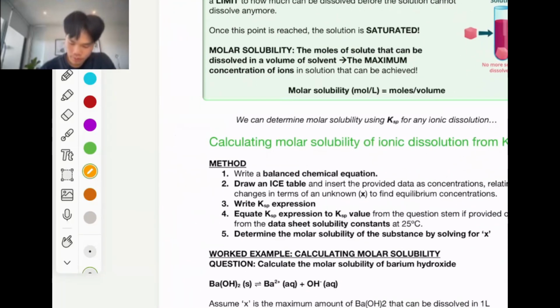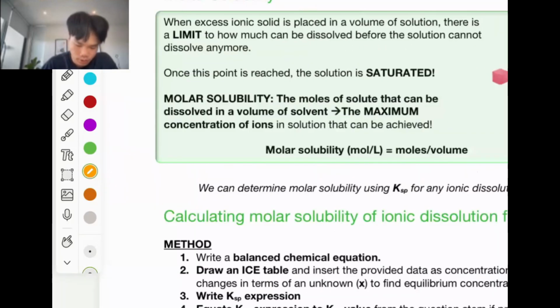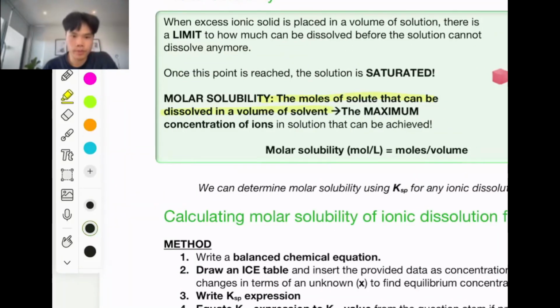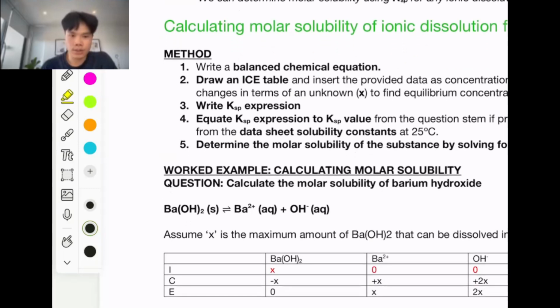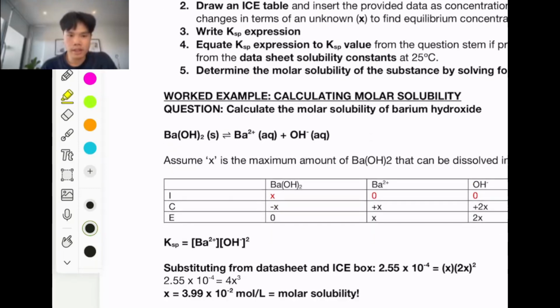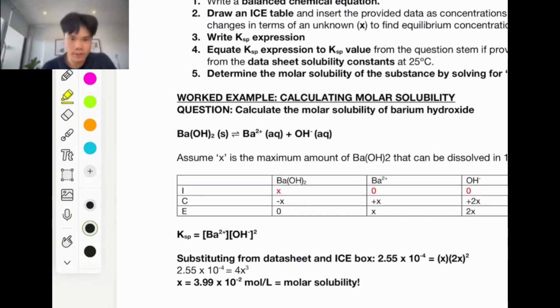Molar solubility, you should know, is how much of a solid you can dissolve in solution. The molar solubility is the maximum number of moles in a volume of solvent. And it is a concentration, moles per liter typically. You can find the molar solubility for any ionic dissolution using KSP. You don't have to include an ice table when you're working, but I always found it easier to visualize what was going on if I did have an ice table.